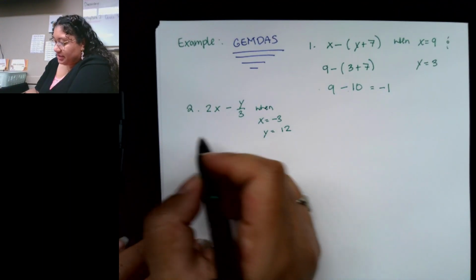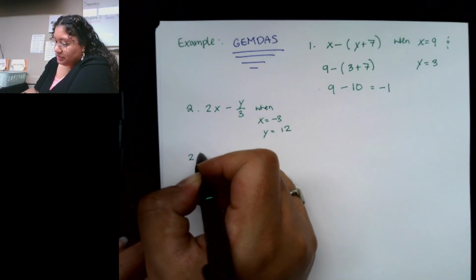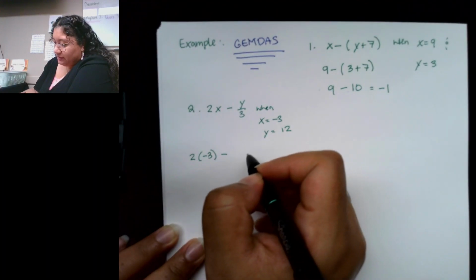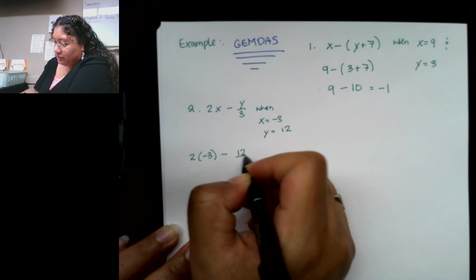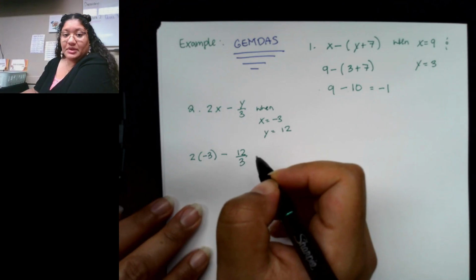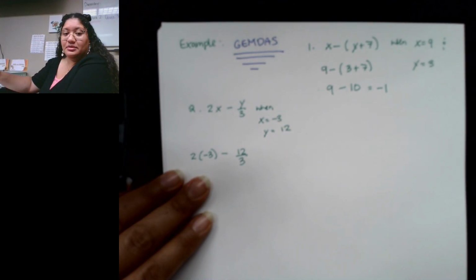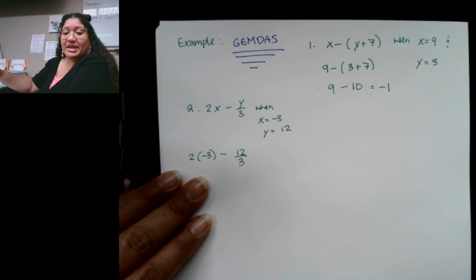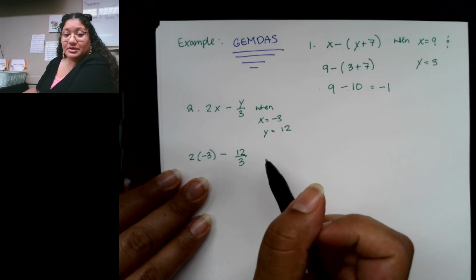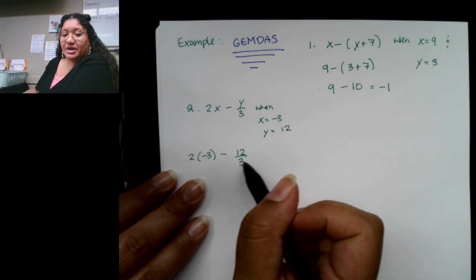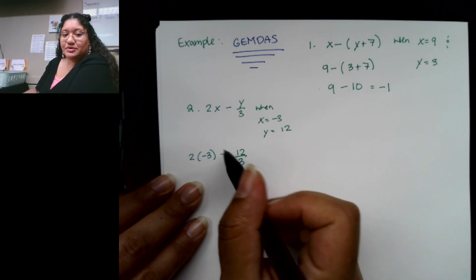So x is -3, so 2 times -3 minus 12 over 3. GEMDAS tells me I am doing multiplication and division, correct? Now, I always do from left to right. Also, I have the subtraction, so let's do this one first.